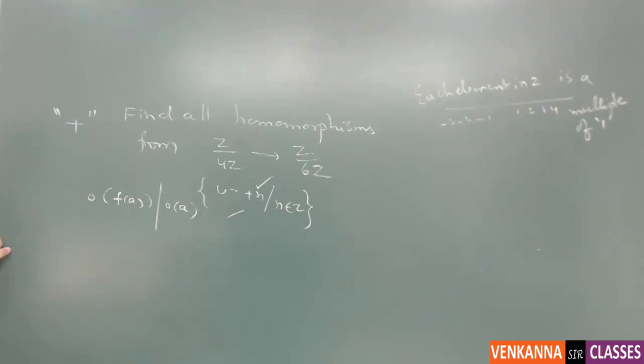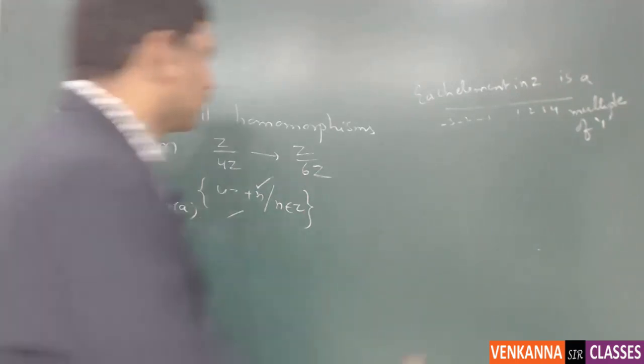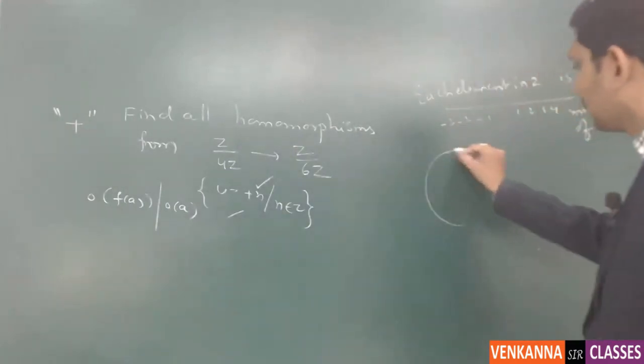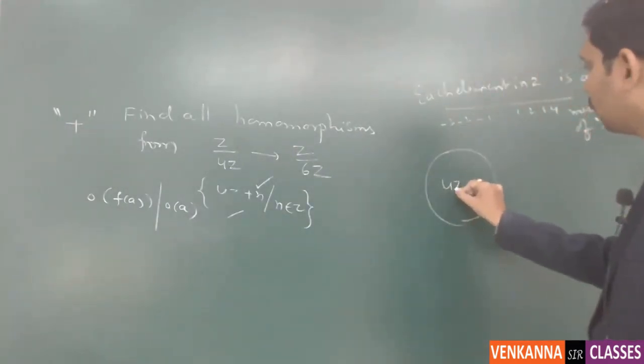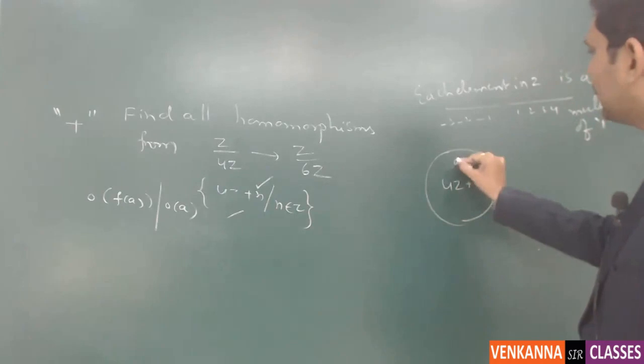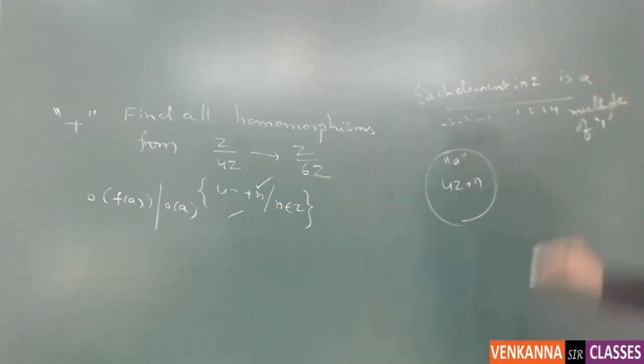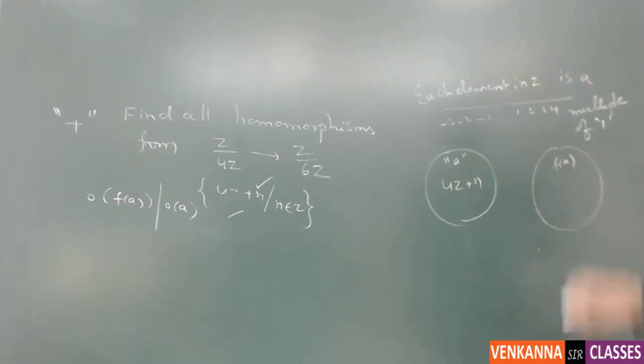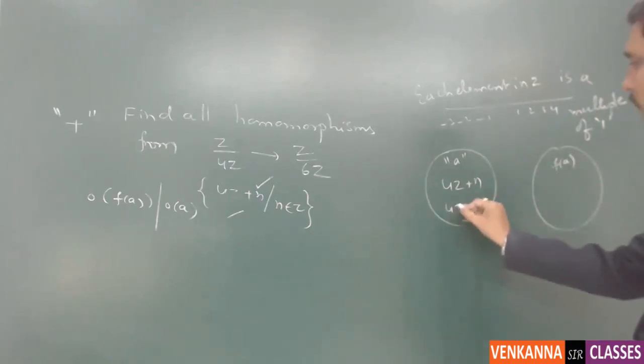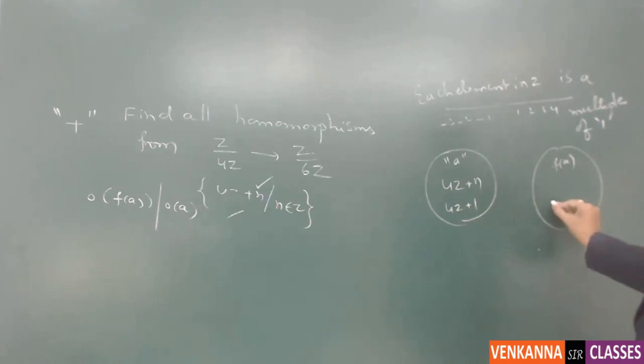Can you recollect that? So here, 4Z + n is the element a, and the image will be f of a. Similarly, if you take 4Z + 1, it is f of 4Z + 1.